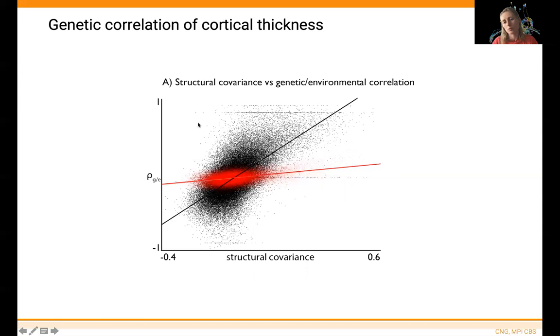And indeed, as also other people have shown, we found a high relationship between structural covariance and genetic correlation, and not so much to environmental correlation, which is also something that has been mostly attributed to noise, but part of it is also likely other factors that are all put in this environmental correlation aspect of the correlation.